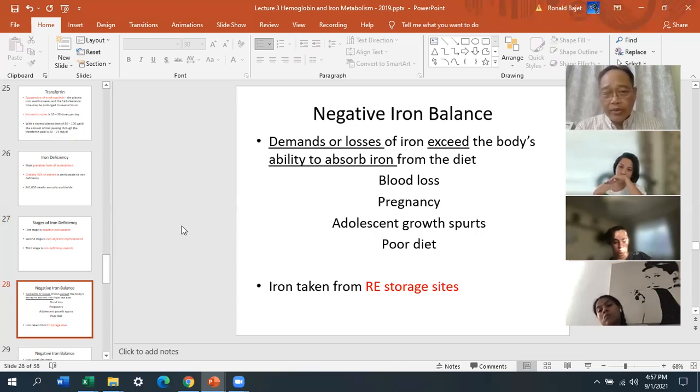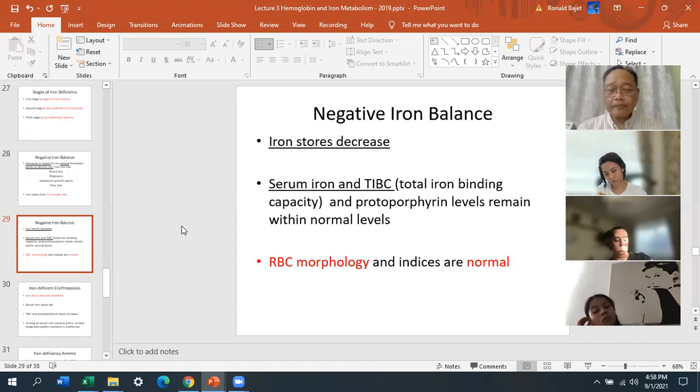So the demand or the need for iron, the iron loss, is greater than the amount of iron that it's going to absorb. Okay, so that's the negative iron balance. And usually the iron is taken from the reticuloendothelial storage sites. You all know that from the diagram I showed you earlier.